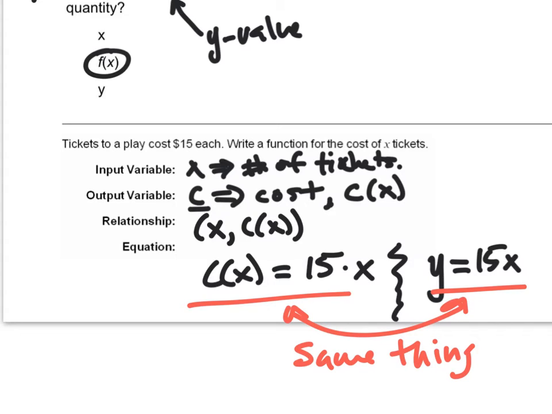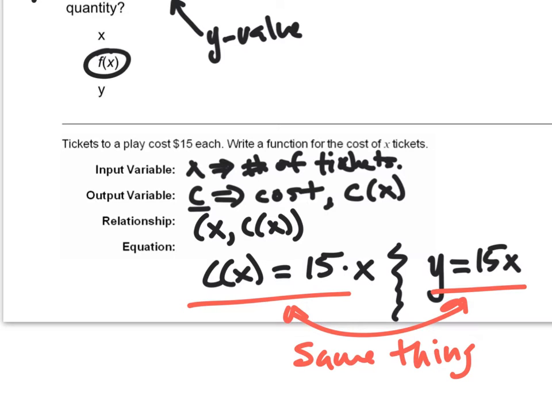It is showing a relationship between the cost and the number of tickets. If I buy 5 tickets to the play, it's going to cost me this much.